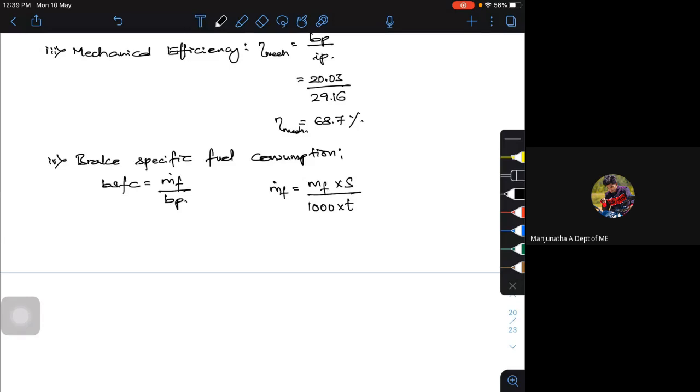I want it in hours, so multiplied by 60. If I do this, I'll be getting directly the mass flow rate of the fuel in kg per hour.